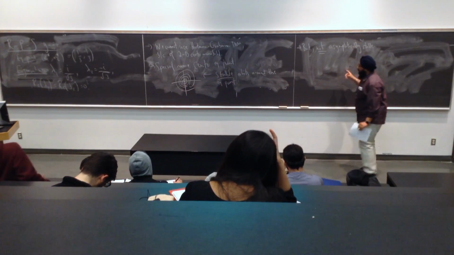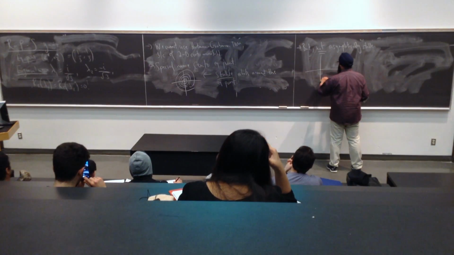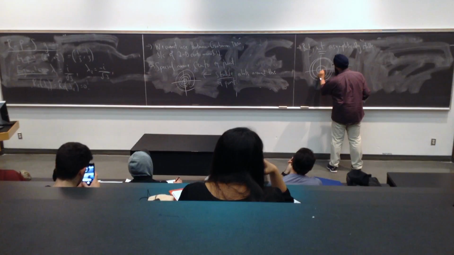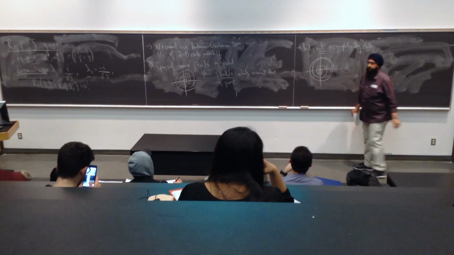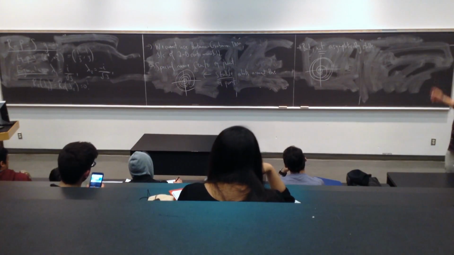Asymptotically stable, eventually you have something like this. You start off with orbits around it, but each successive one spirals in, and eventually reaches the equilibrium. So that is the difference between stable and asymptotically stable.